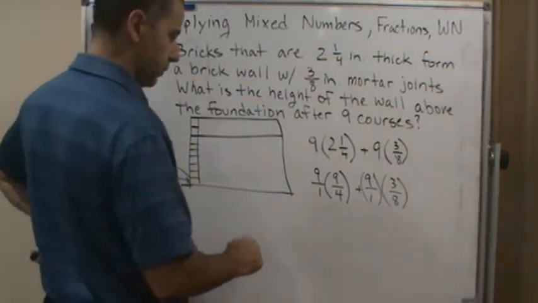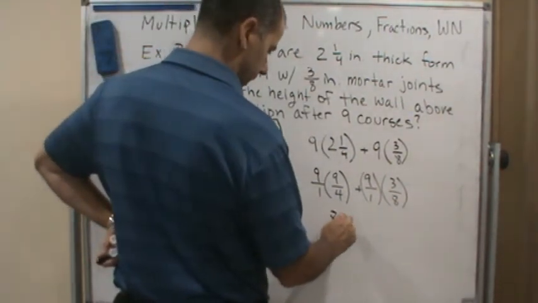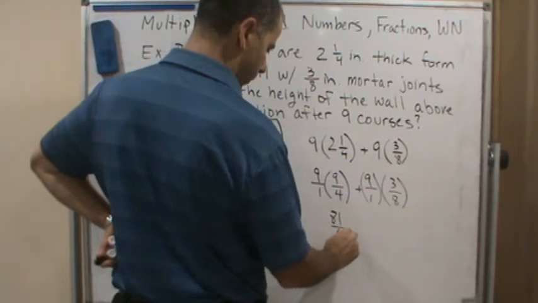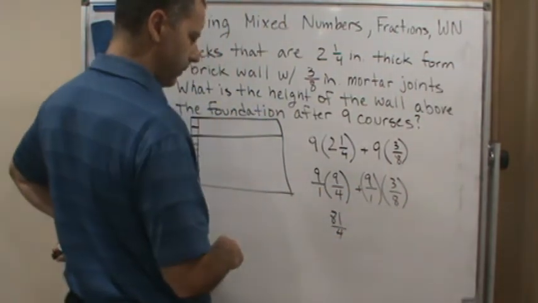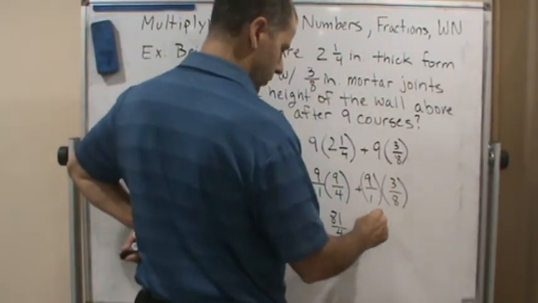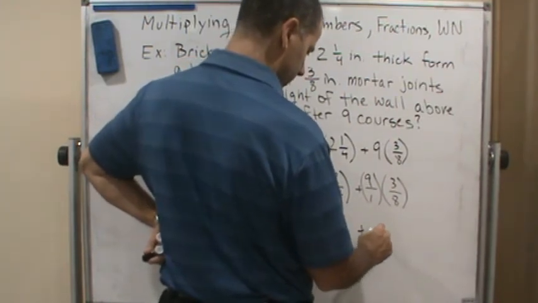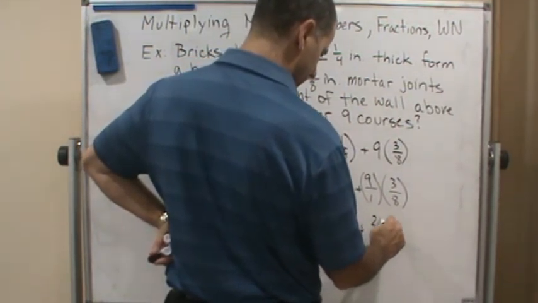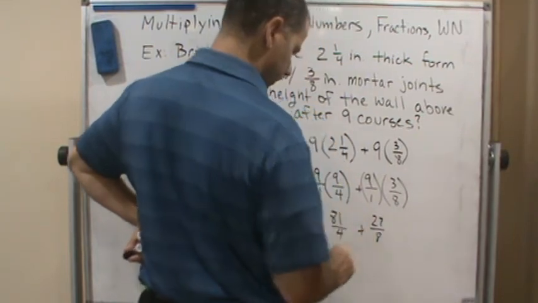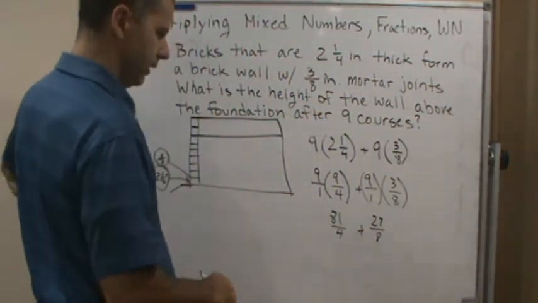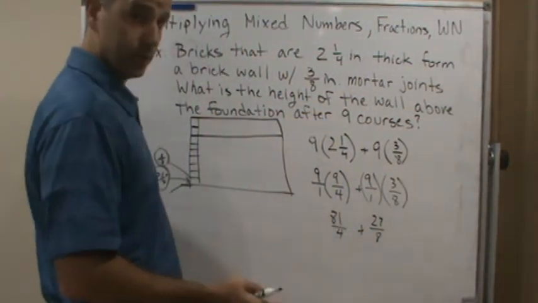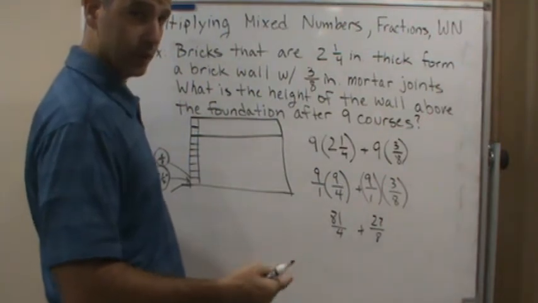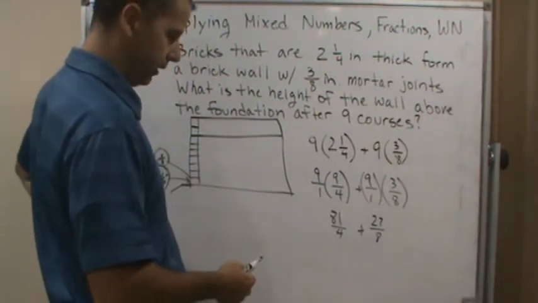And so we're going to multiply, and we get 81/4. There's nothing to cancel over here. And there's nothing to cancel over here. And we get plus 27/8. And now we've got improper fractions with no common denominator.